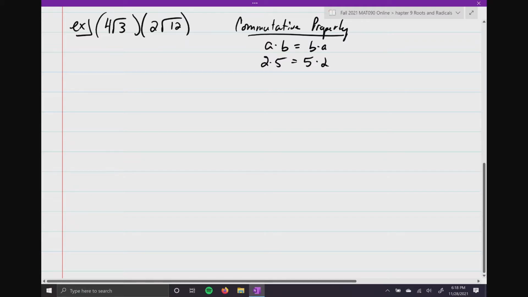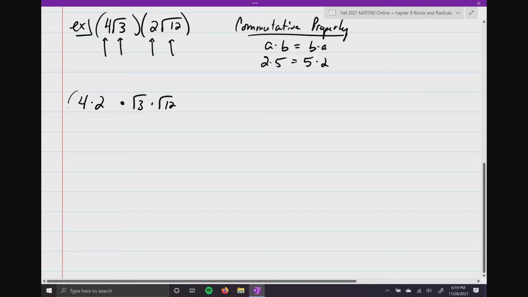Now, the reason why I'm bringing that up is because when I look at this problem here, I notice I have a 4 times the square root of 3 times 2 times the square root of 12. Well, in my head, the way I envision this is I'm going to take 4 times 2 and then multiply that by the square root of 3 times the square root of 12.